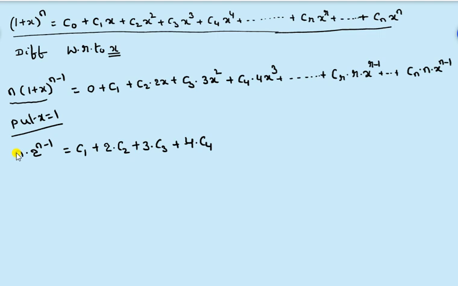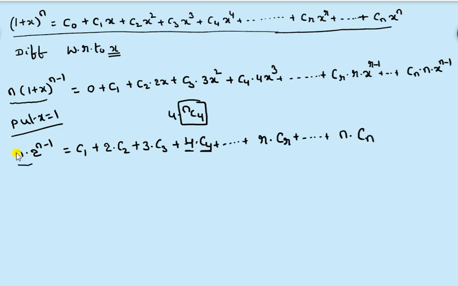Over here, whether you observed or not, this is 4 into C4. It means 4 into nC4. nC4 only we wrote in the short form as C4. 4 into C4 plus and so on plus r into nCr plus and so on plus n into Cn.